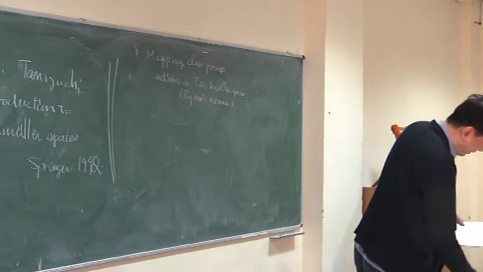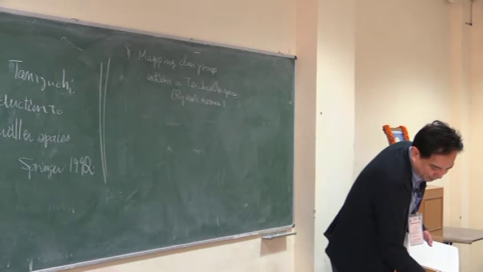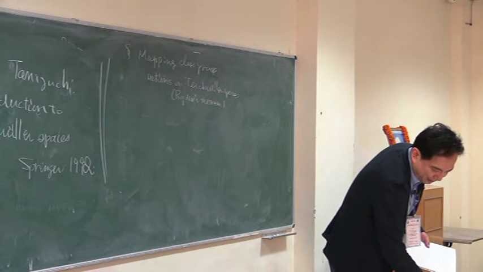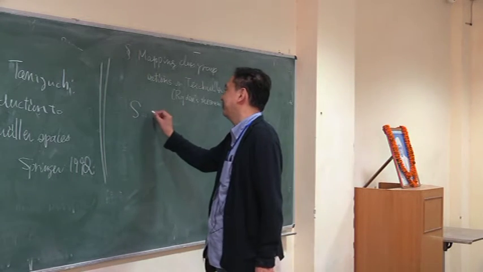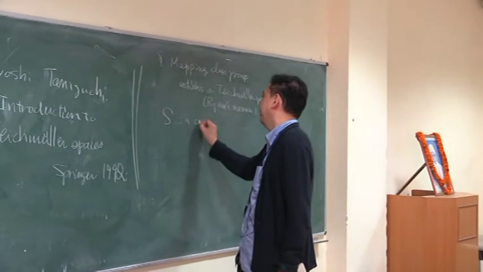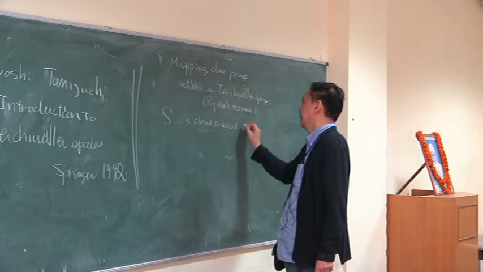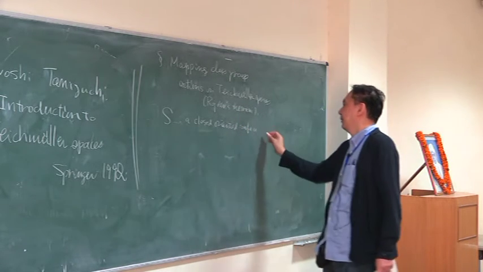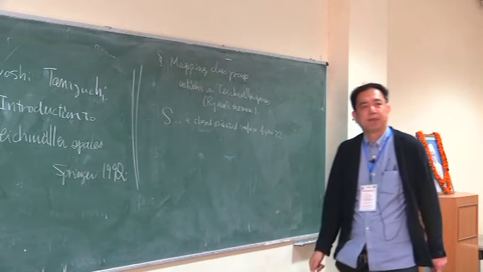Let me define the mapping class group first. Let S be a closed oriented surface of genus greater than or equal to 2 as before.